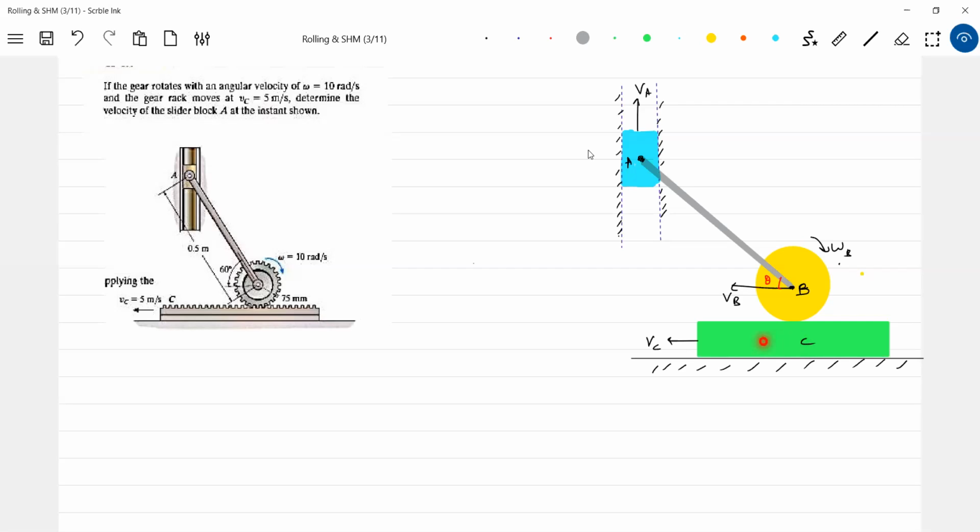As the plank C starts moving, this will rotate like this, no? This will rotate, and the tooth which is here will try to drag this rotating gear towards left. As it starts moving towards left, for the length of the rod to remain constant, the block A should slide up. Able to understand?